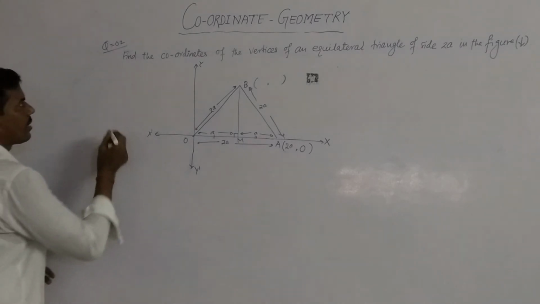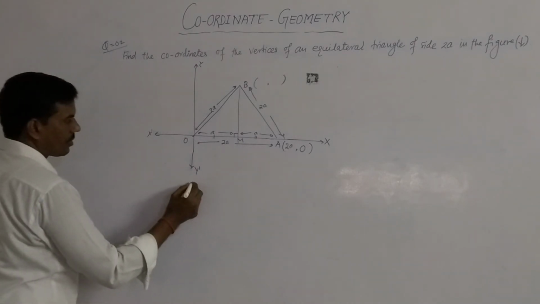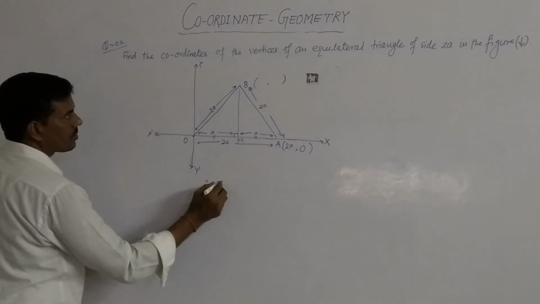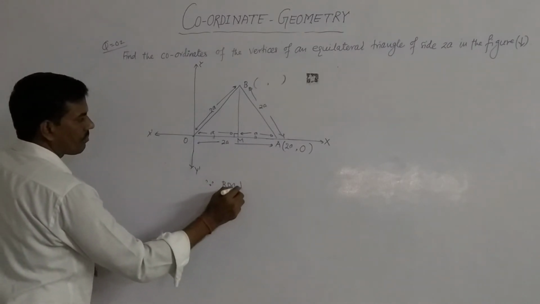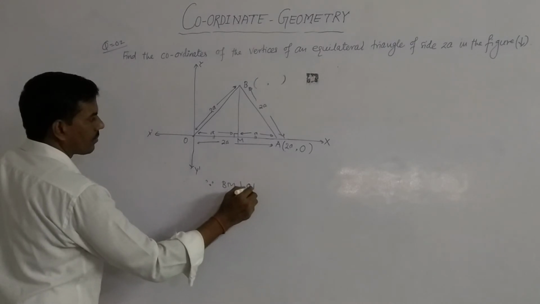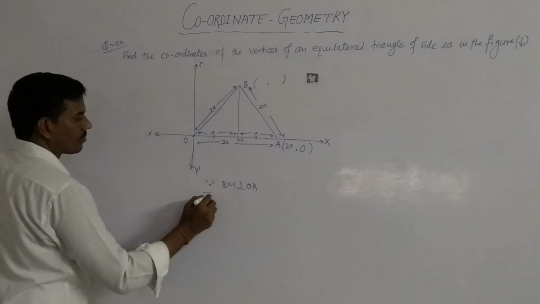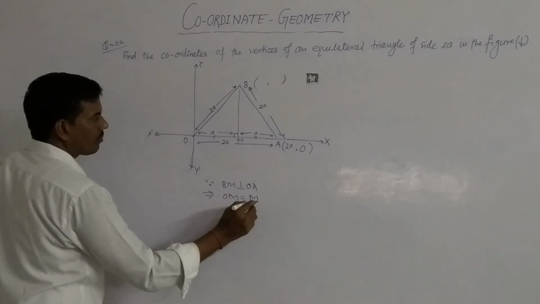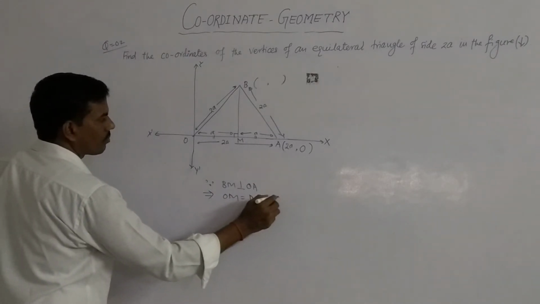You can write it as: since BM is perpendicular on OA, OM is equal to MA, which is a unit.